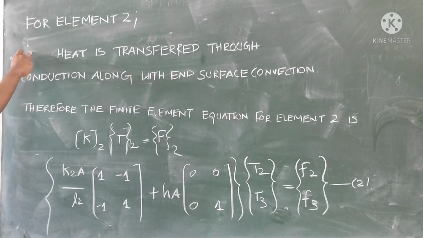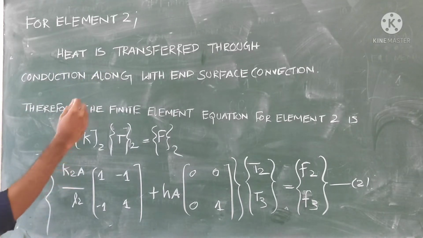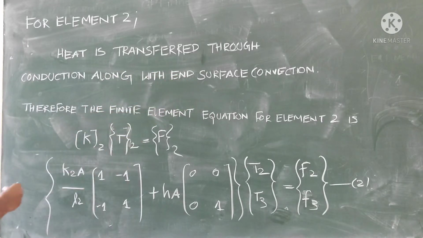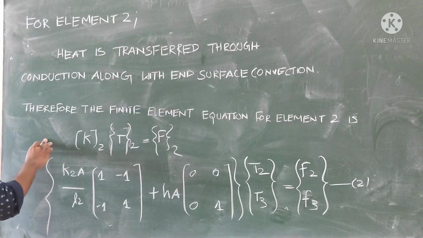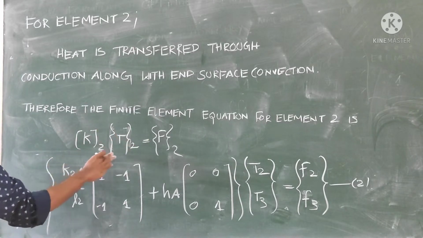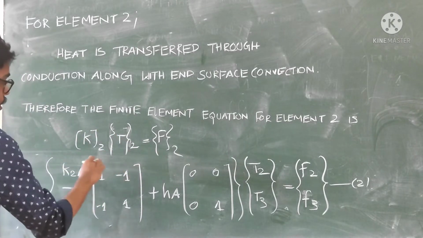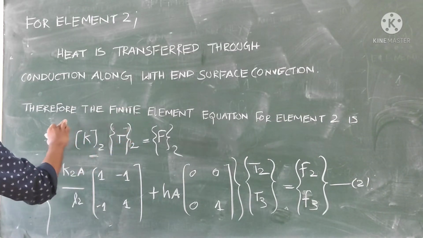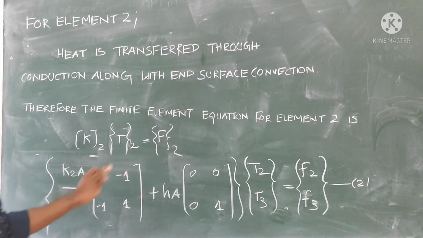Then for element 2, heat is transferred through conduction along with surface convection because there is a link between atmosphere in the second element. Therefore, the finite element equation for element 2 is K2 into T2 is equal to F2. But here K2 is the equivalent coefficient, that is a conduction coefficient and a convection coefficient.